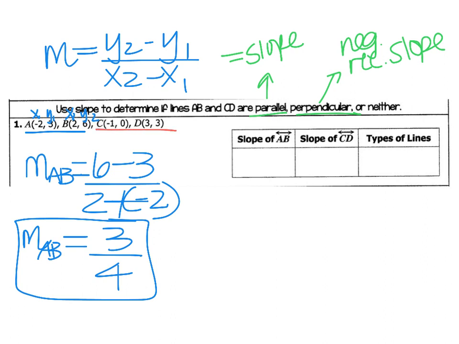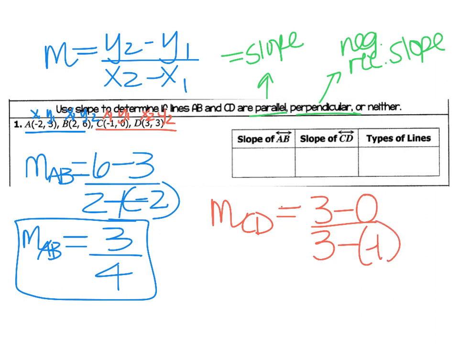Now we want to find the slope of CD because we want to see if AB and CD are parallel. All right, so label them x1, y1, x2, y2, and we want to find the slope of CD. So y2 is 3 minus y1 is 0 over x1 is 3 minus negative 1. All right, so minus the negative 1 becomes plus, the slope of CD equals 3 over 4.